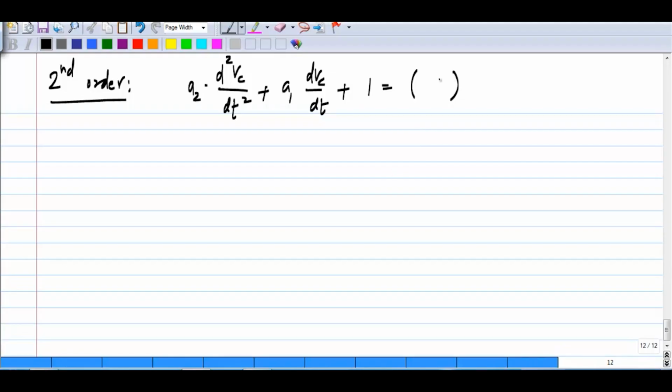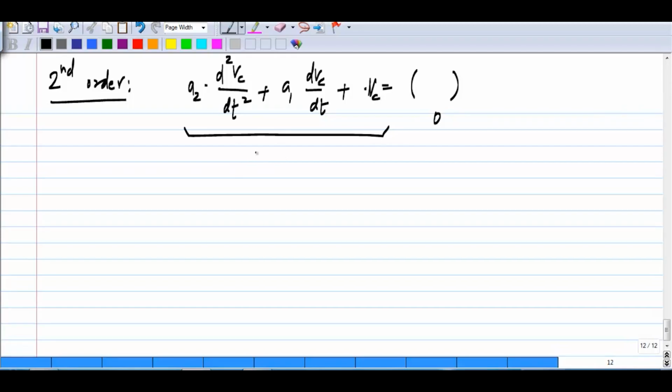Now for the natural response, the right hand side is substituted with 0, so I won't worry about it. And I have normalized the left hand side so that the coefficient of Vc is 1. This is just for convenience. Now this second order equation can be written as a combination of two first order equations.